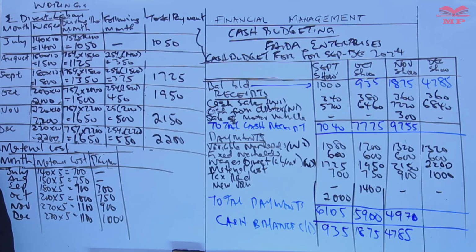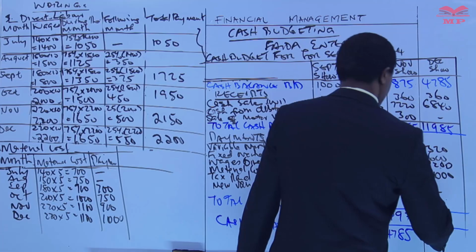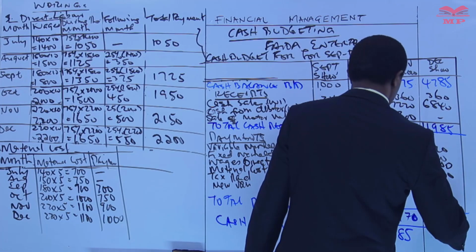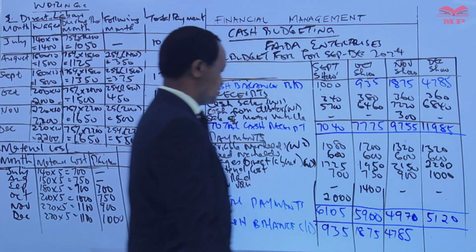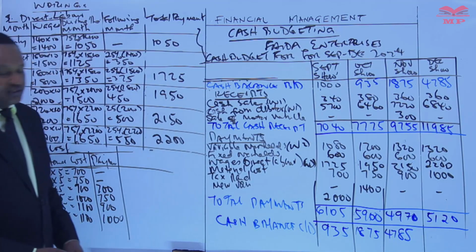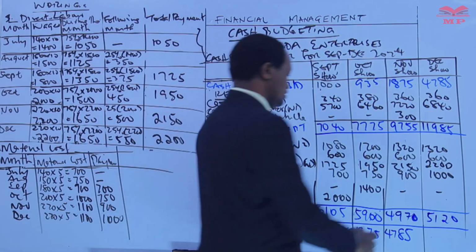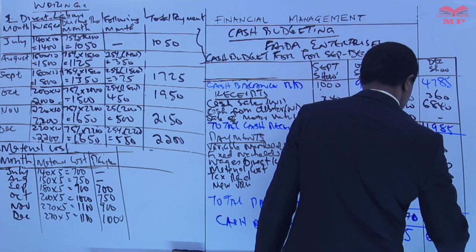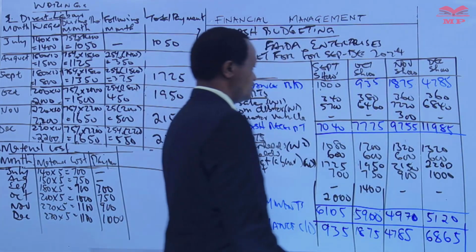Cash receipts December: 11,985.51.20. What is the balance at the end? 68.65. That's it.